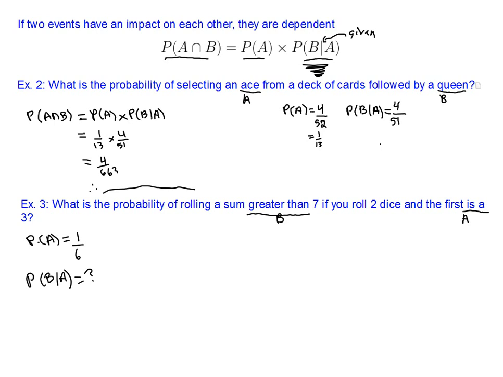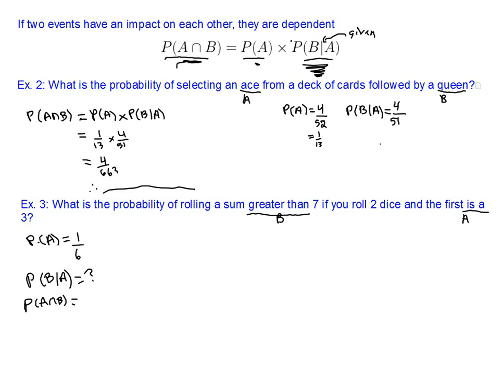But we can find the probability of A and B. So the probability of A and B, if we find that, that'll give us this part of the equation. We'll have this part, and then we can find the probability of B given A. So that's a little bit different in terms of what we're finding, but we can still manage and go about things here.